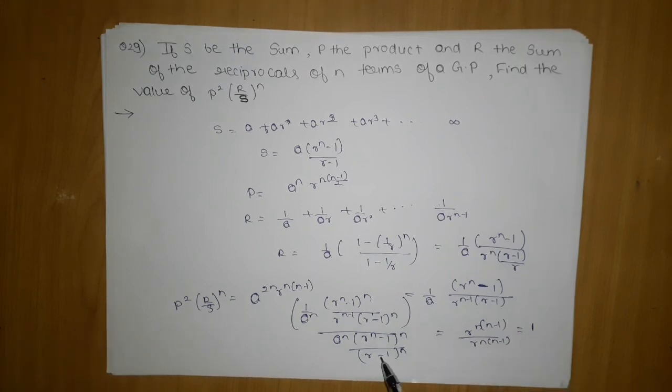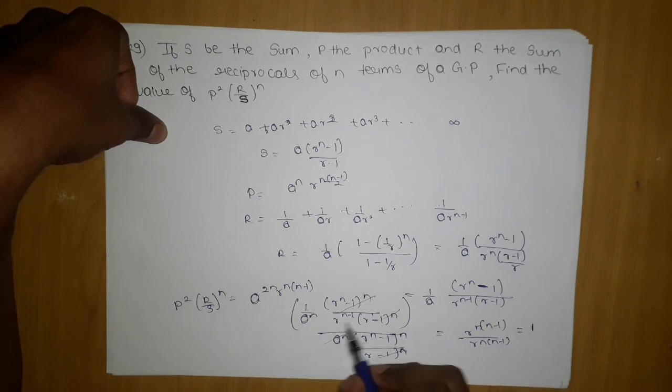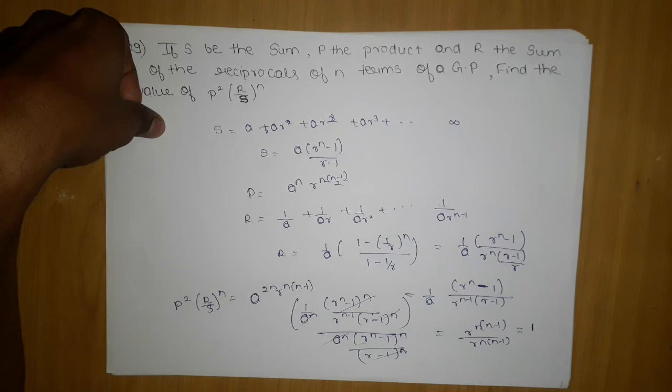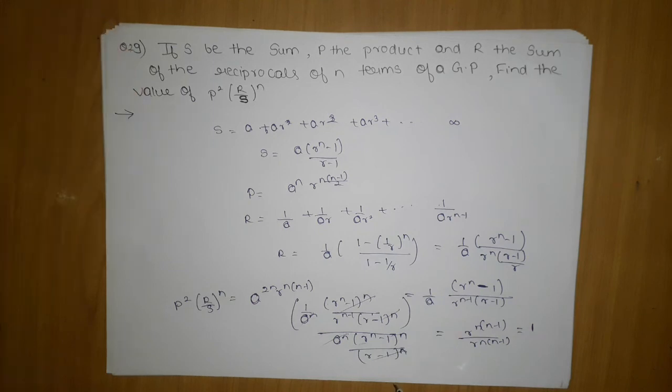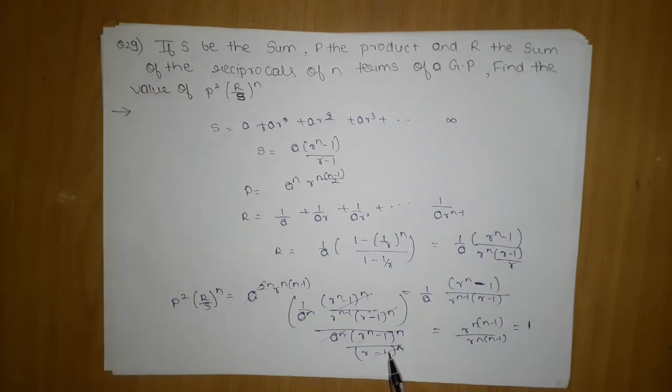So this and this will cancel out, this and this will cancel out, and a power 2n will cancel with a power n and the other a power n.